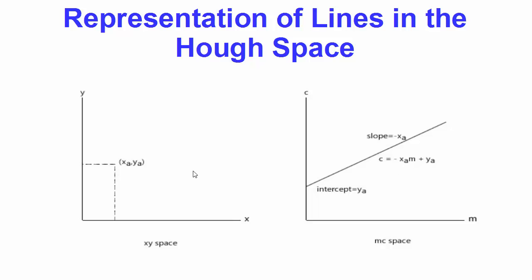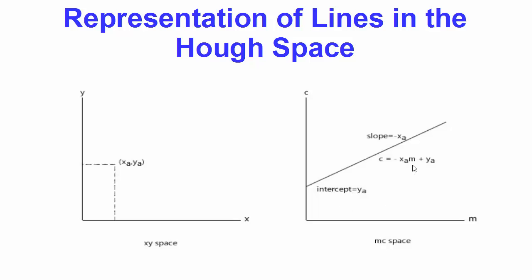So you can represent a point with x and y coordinates in the MC space as a line, and in this equation minus x will be the slope now and y will be the intercept.